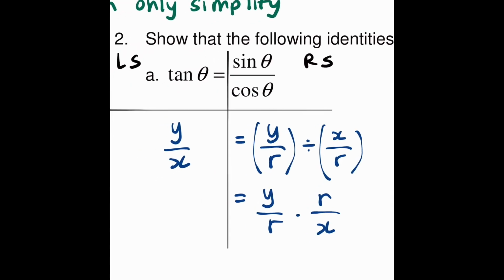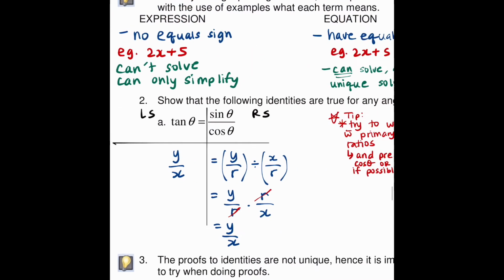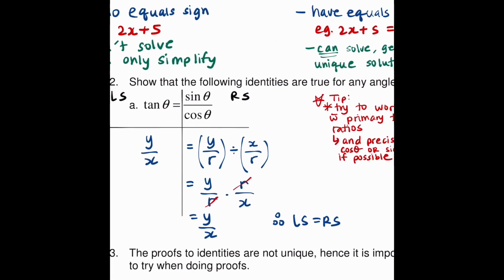Okay, so at this point, I notice that the r's cancel out, and so I have y over x on the right side as well. And so therefore, I can state that the left side does equal the right side, and that suggests that my identity is true.